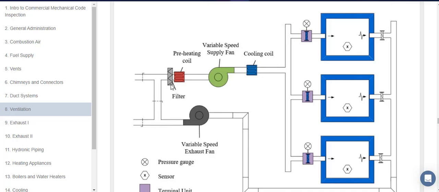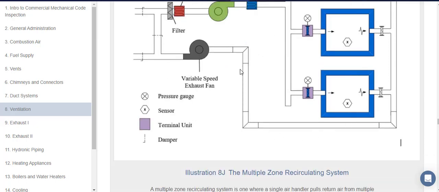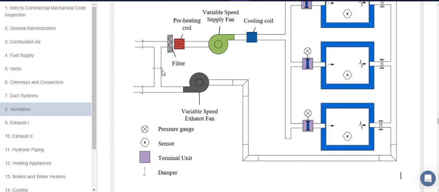We have a filter and preheating coil, and a variable speed supply fan, cooling coil giving to all the zones, and after this going to the variable speed exhaust fan. Here is the damper, the pressure gauge for all the zones, a sensor for each zone, the terminal units, and the dampers.